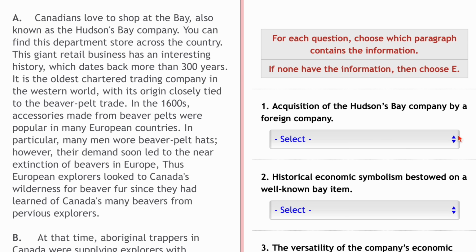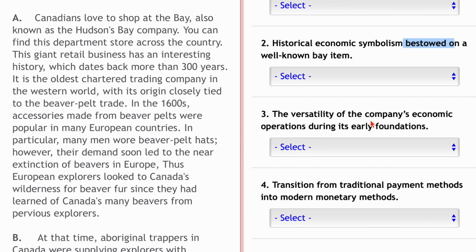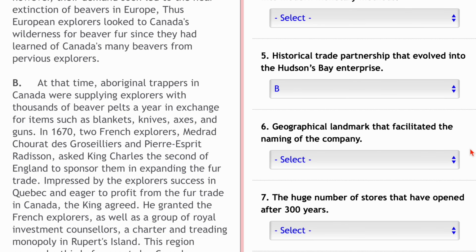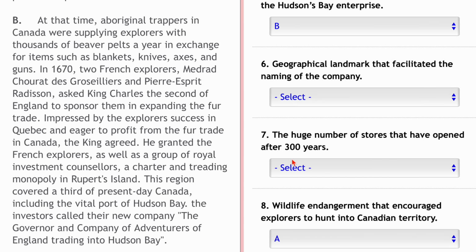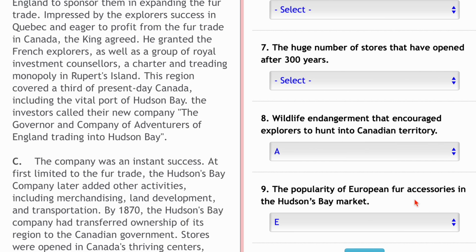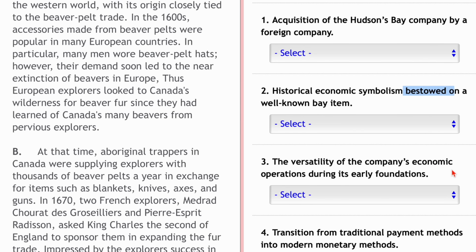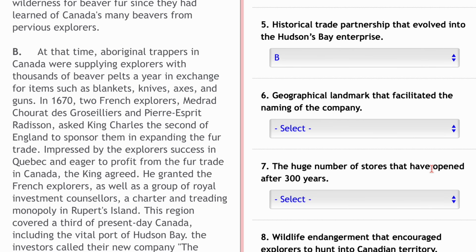Acquisition of the Hudson's Bay Company, historical, economic symbolism bestowed on, the versatility of the company's economic operations during its early foundations, transition from traditional payment methods into monetary methods. Geographical landmark that facilitated the naming of the company. The huge number of stores that had opened after 300 years. We already got the popularity of European fur accessories. So, 6, right? Number 6.